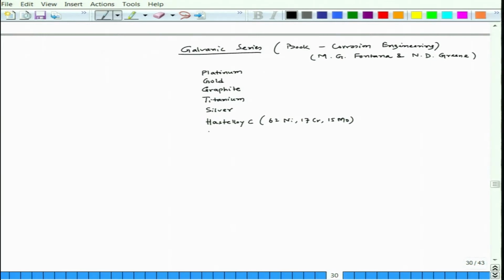Then we have 18.8 molybdenum steel, which is written like passive. Then 18.8 stainless steel, it is written passive.